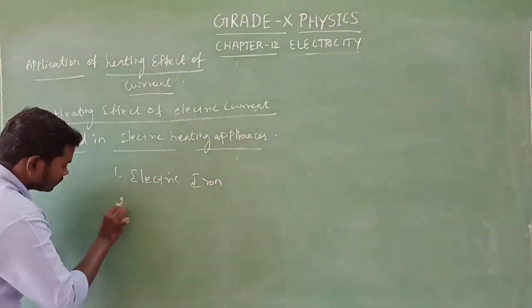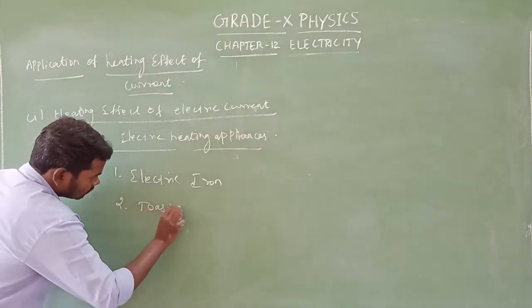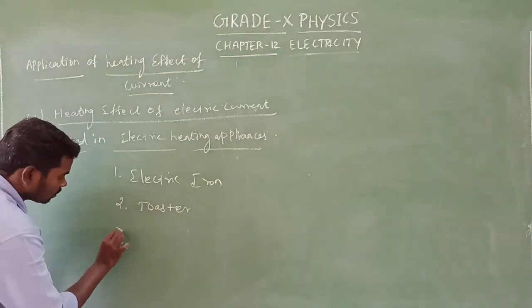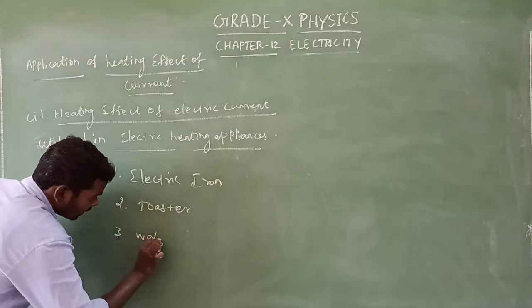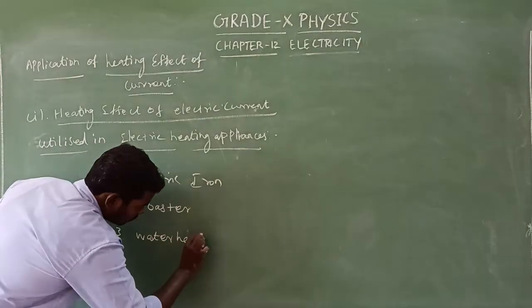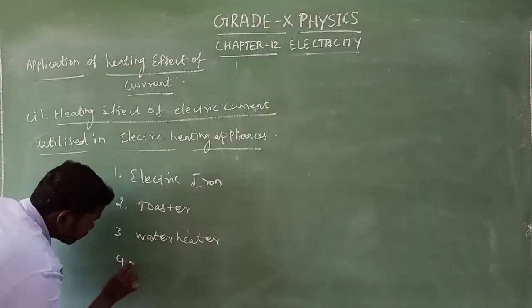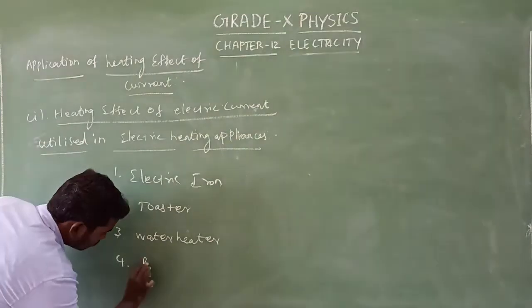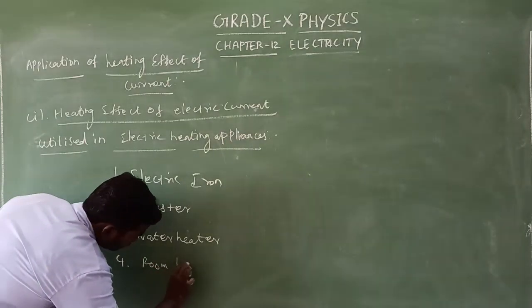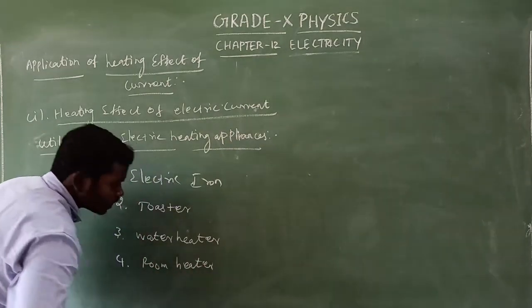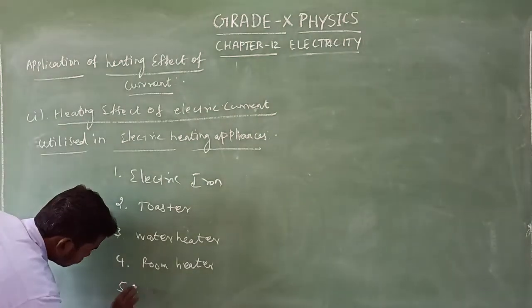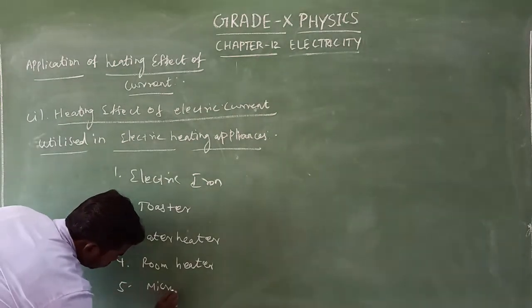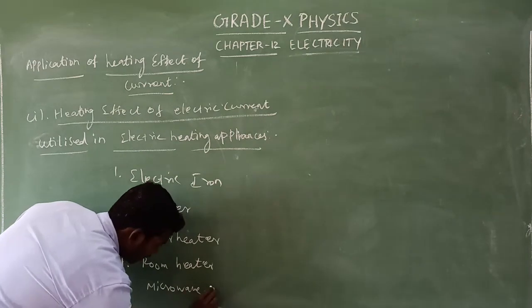Then electric toaster. A third one, electric water heater, and fourth one, electric room heater. So microwave oven, and so many things.